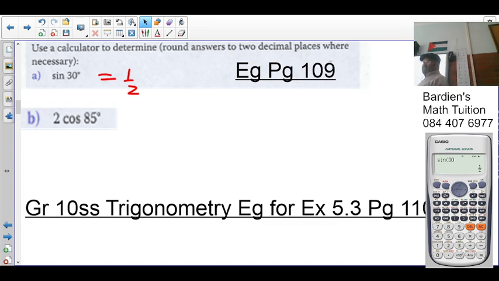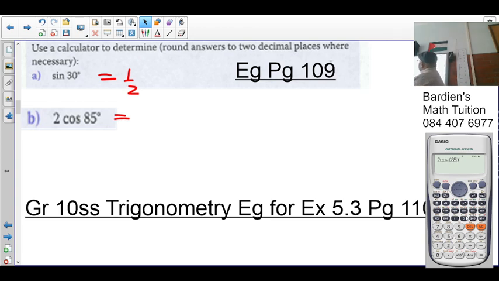So now you do the next one. Right, so now we got 2 cos 85. Let's put that in the calculator: 2 cos 85. You can close the bracket if you like.